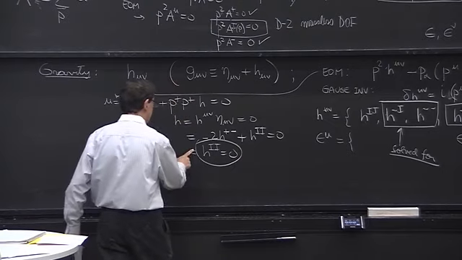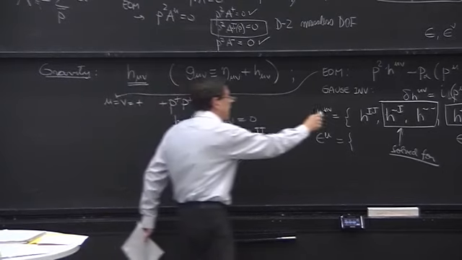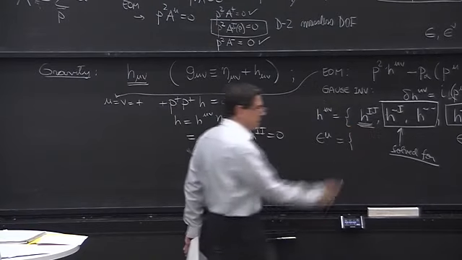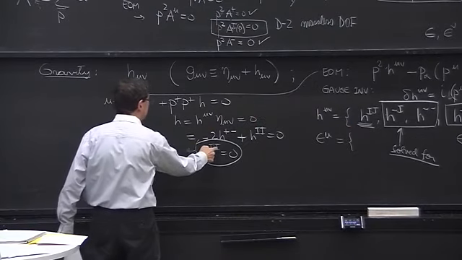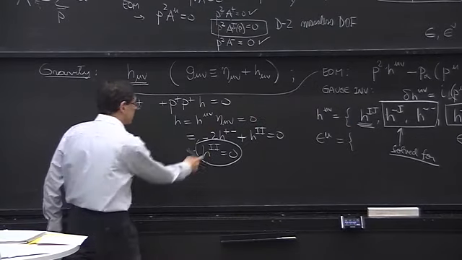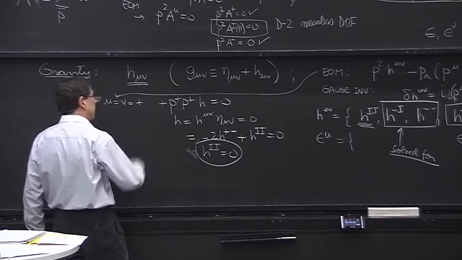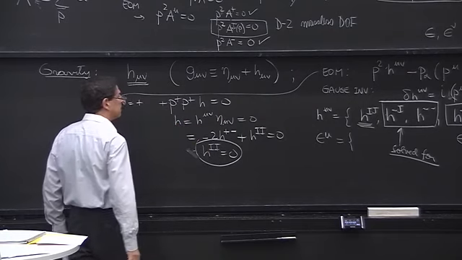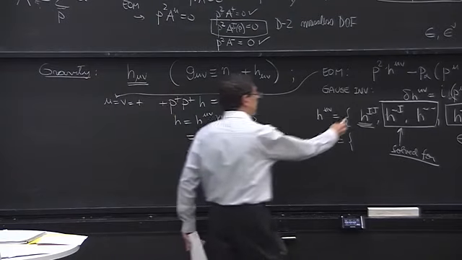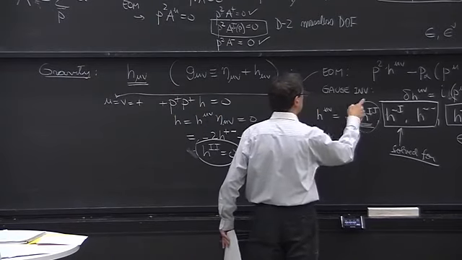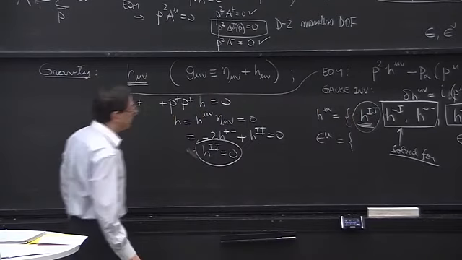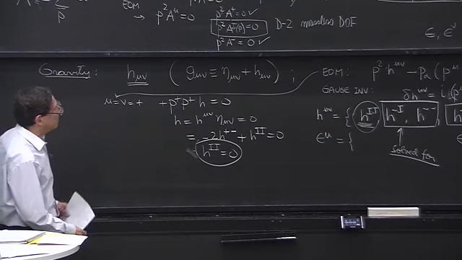So this says that these hij's are almost independent, but they must have 0 trace. This is summed over I, as always. Every repeated index is summed. So hij is symmetric, traceless, and of size d minus 2 times d minus 2.